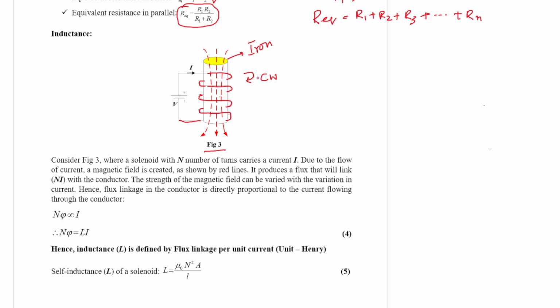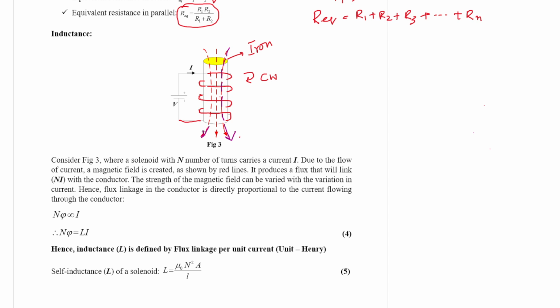So, depending on the flowing of the current, a magnetic field will be set up, and these red lines are the direction of the magnetic field.